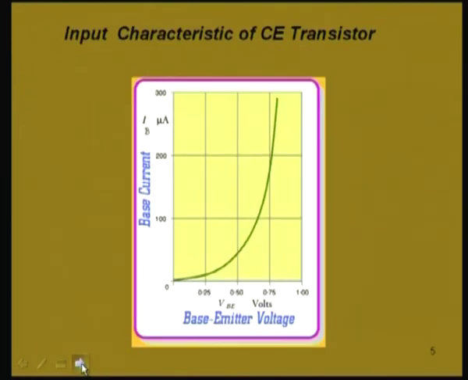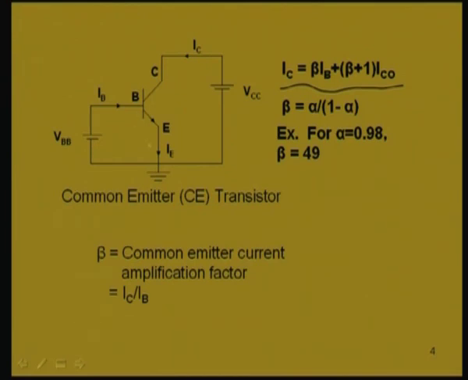So, now we will be discussing the input characteristic of a common emitter transistor. As the name suggests, we will be getting a plot of the input current versus input voltage. In this common emitter transistor, in the input circuit, the input current is IB and the input voltage which affects IB is VBE, that is the base to emitter voltage.